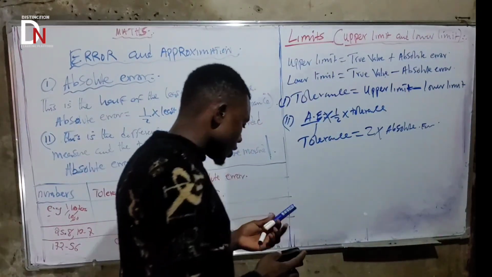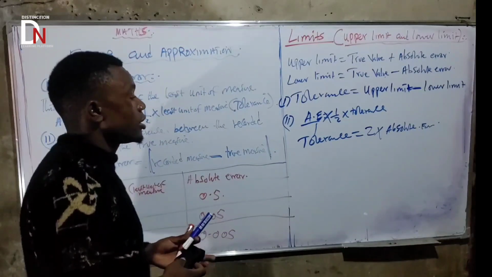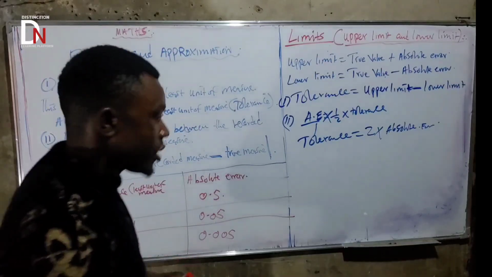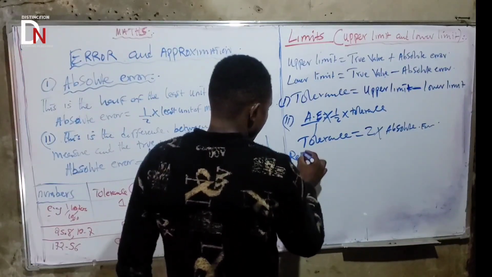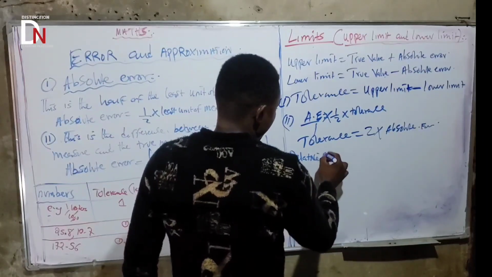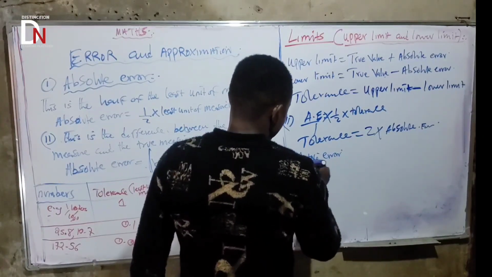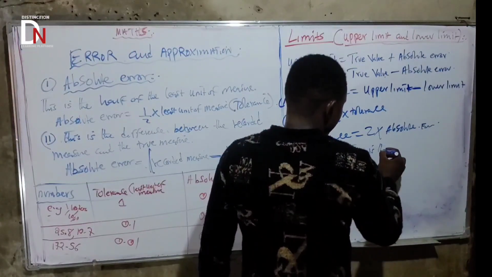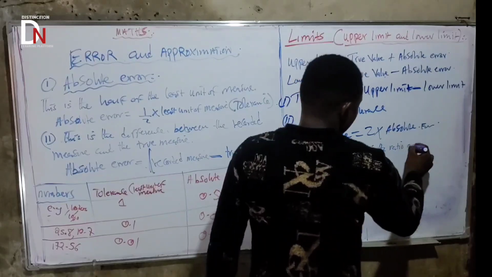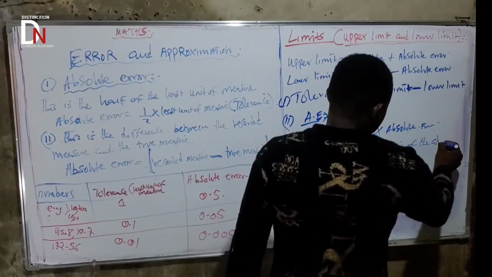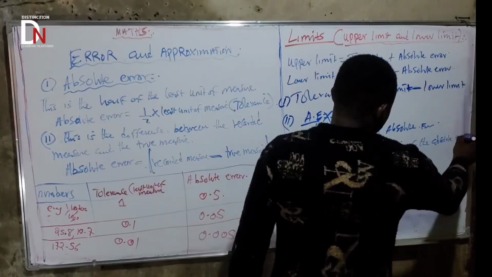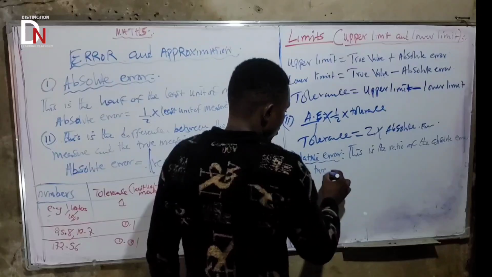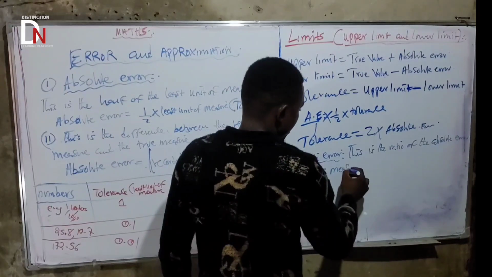Another aspect which is important is how to find the relative error. Good. So relative error is the ratio of the absolute error to the true measure or true value or true length.